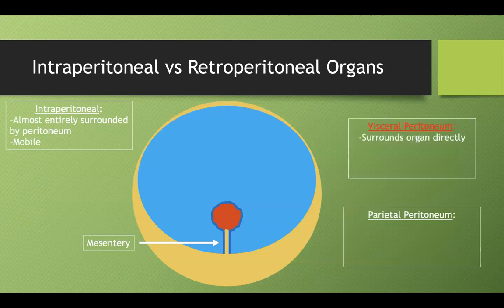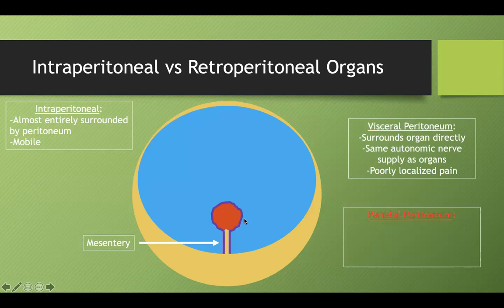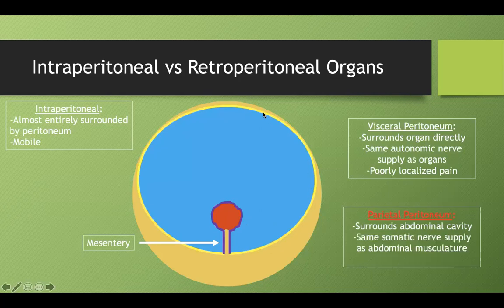The visceral peritoneum was this region right here that I've highlighted in purple that surrounds the organ directly. And it has the same autonomic nerve supply as organs. On the other hand, the parietal peritoneum surrounds the abdominal cavity. So it surrounds all around here. And it has somatic nerve supply.